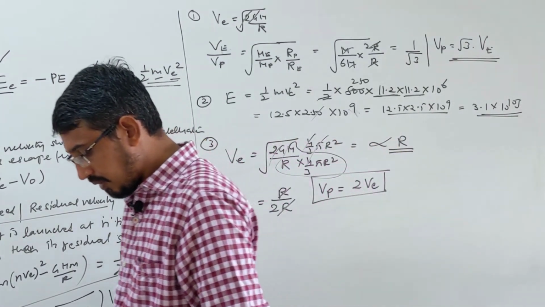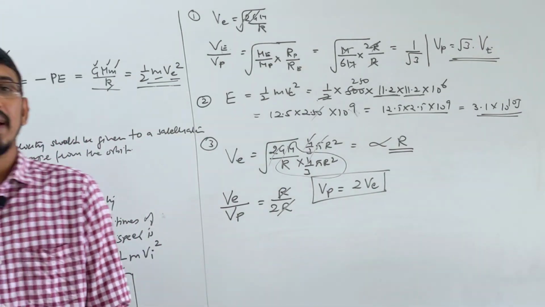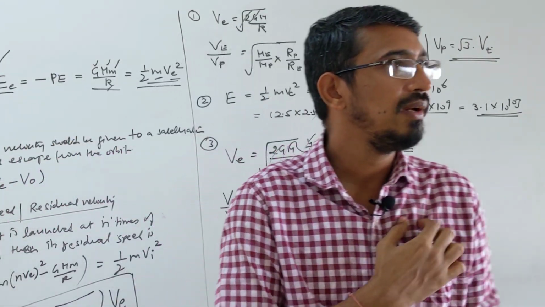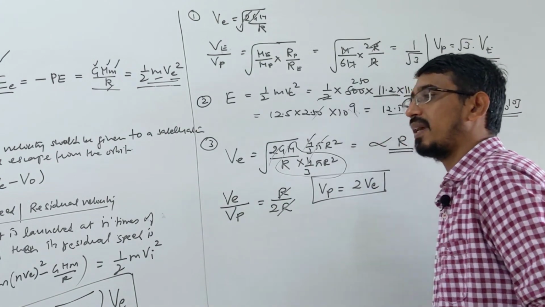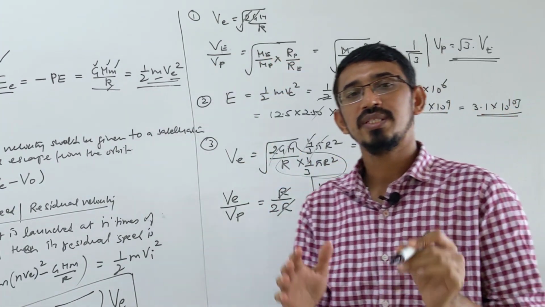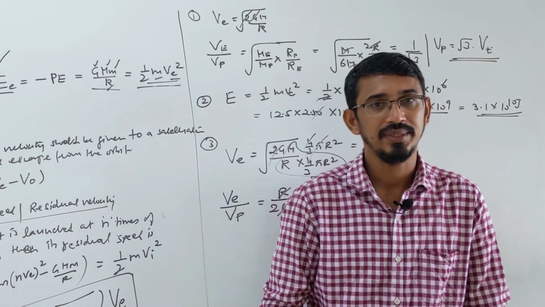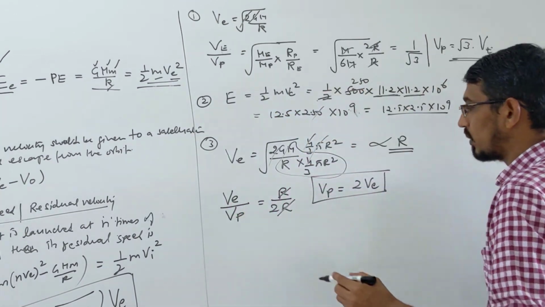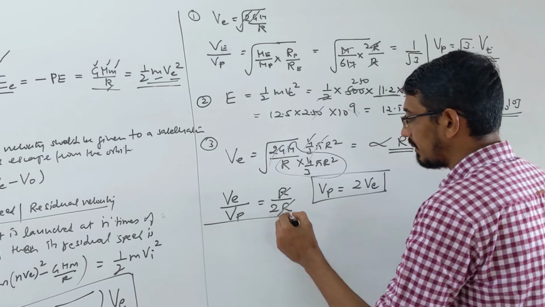Okay. So this was all about escape velocity. At the end we have a small topic about satellite. The main things about satellite we have already done: what is orbital velocity, what is the time period, and what is the energy. Some GK is there, like we have two types of satellite, I am writing quickly here.